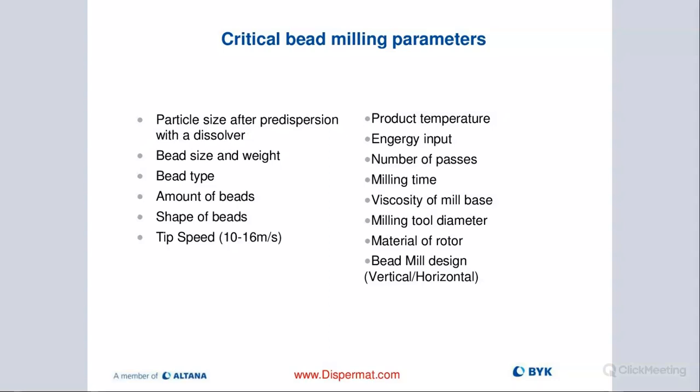And for renewable energy products or white materials, you can't have that. So there are zirconium oxide or silicon carbide rotors or milling discs or lined milling chambers that will avoid the cross-contamination of the steel. So that's really important. And then again, the type of mill design, whether I'm talking vertical, horizontal, that's really, really important.